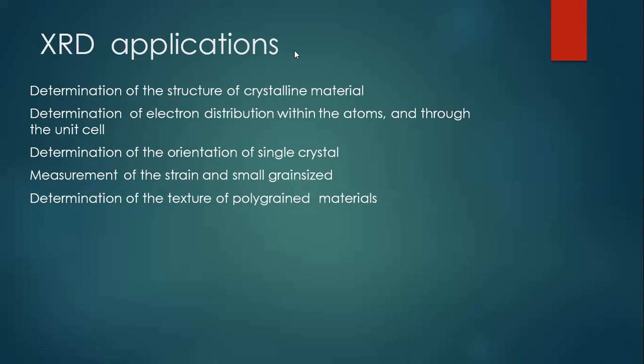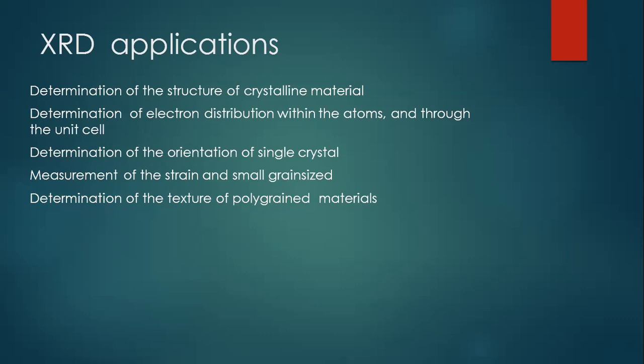The XRD application is for determining the structures of crystalline materials, determining the electron distribution within the atom and through the unit cell, determining the orientation of single crystals, measuring strain and small grain size, and finally determining the texture of polycrystalline materials.